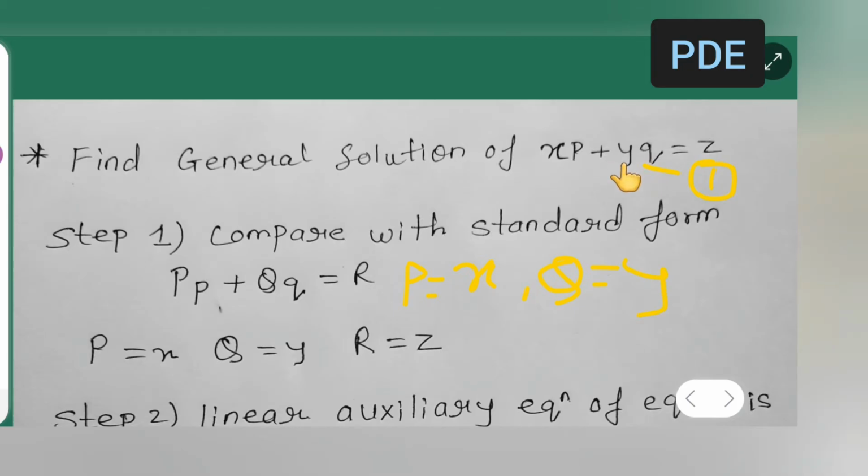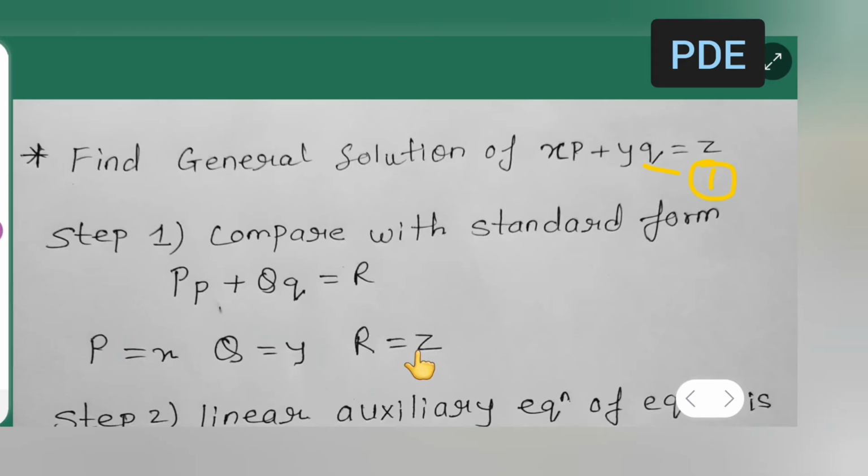And in place of R, what is there? Can you all see this R? In place of this R, z is there. Okay, so like this, P is x, Q is y, R is z. So this is your step 1.